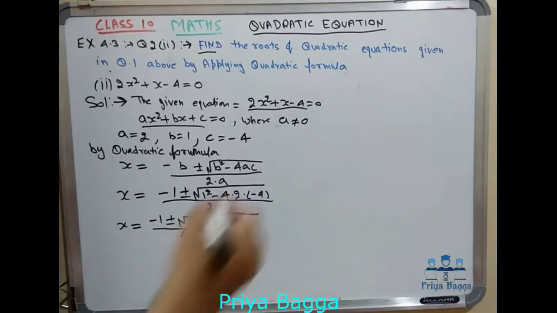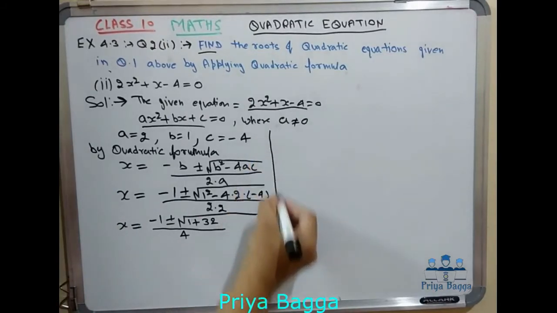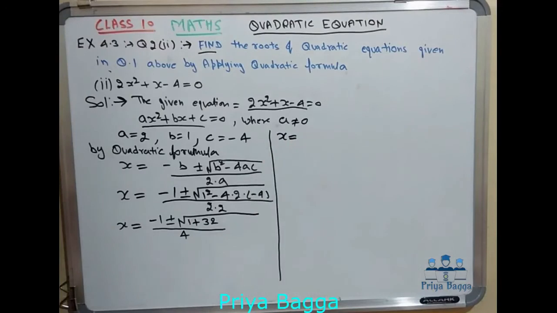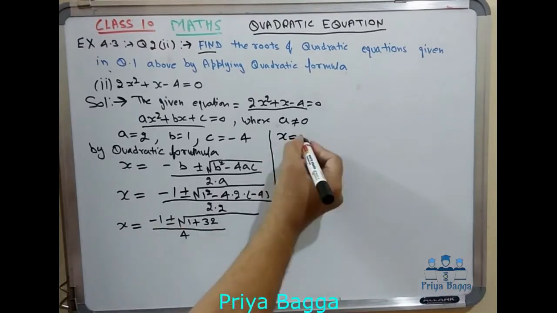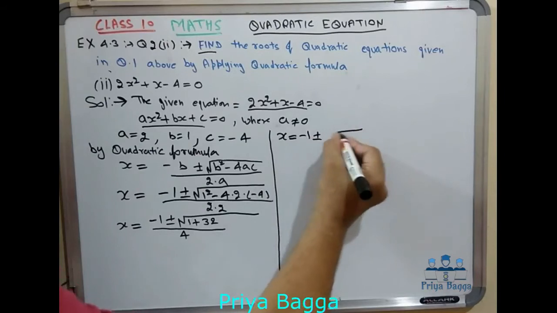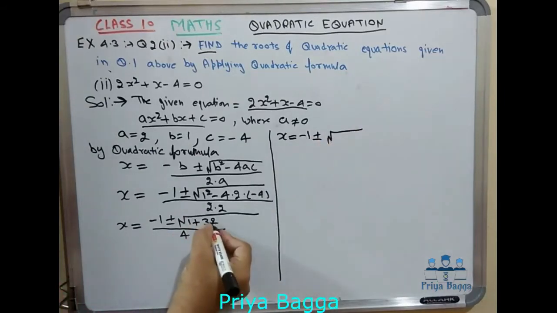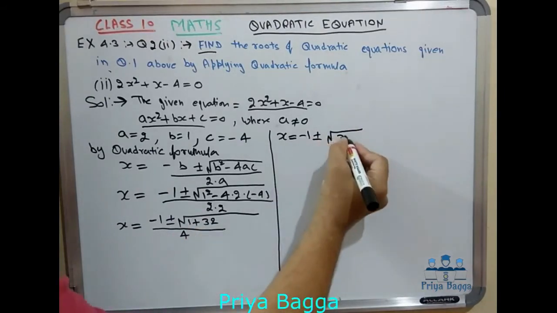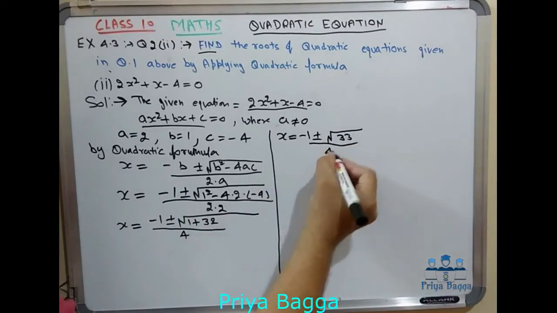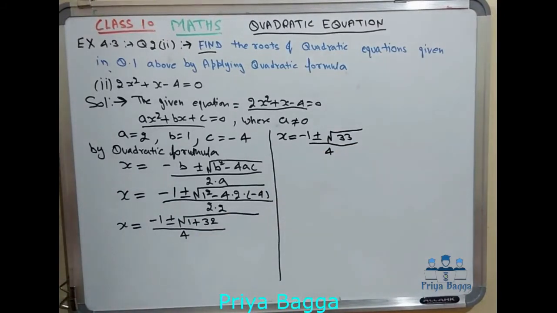So now I will solve it here. x is equal to minus 1 plus minus square root of 1 plus 32 is 33, divided by 4. Now by quadratic formula we have the two values of x.